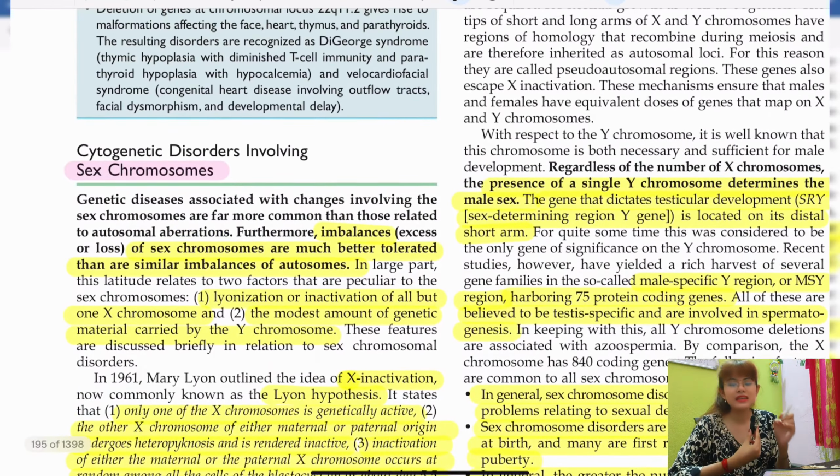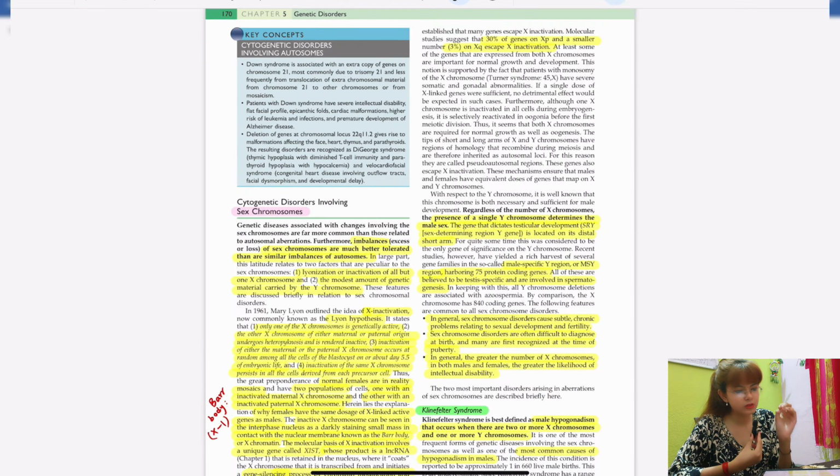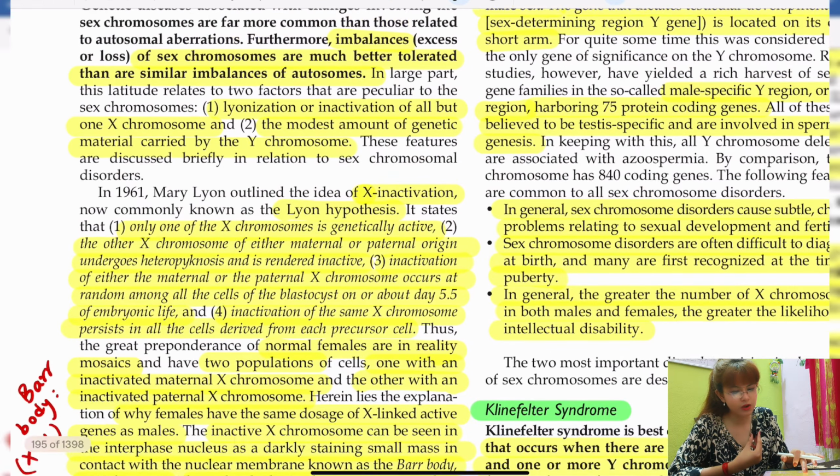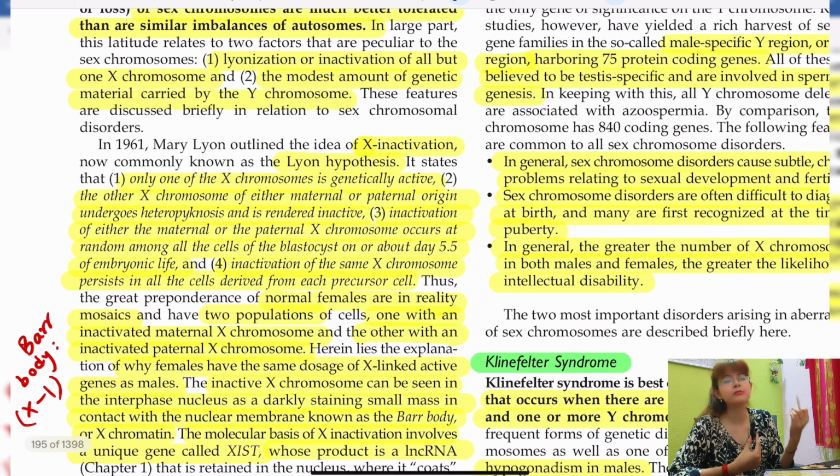So now coming to the disorders involving the sex chromosome, let me first talk about a small concept here, and that is the concept of lyonization or inactivation. So basically what happens is that there is lyonization or inactivation of one X chromosome. You know that is the concept of the Barr body, right? Barr body is the number of X chromosomes minus 1.